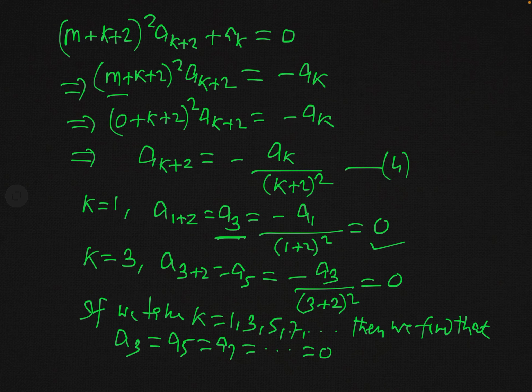And you also know that a1 is already 0. So all these coefficients are actually 0. Now from this recurrence formula defined in equation 4, we will find the other coefficients by taking the values of k equal to 0, 2, 4, 6 and so on, that is, the even values of k.